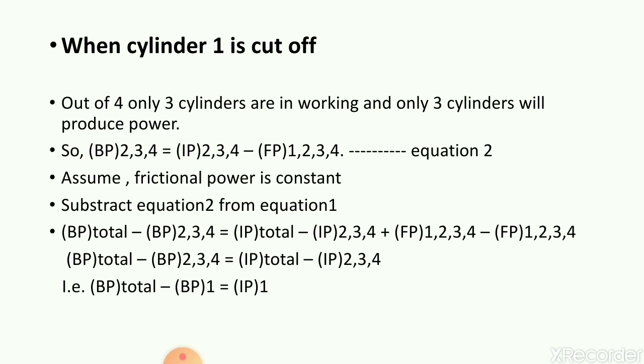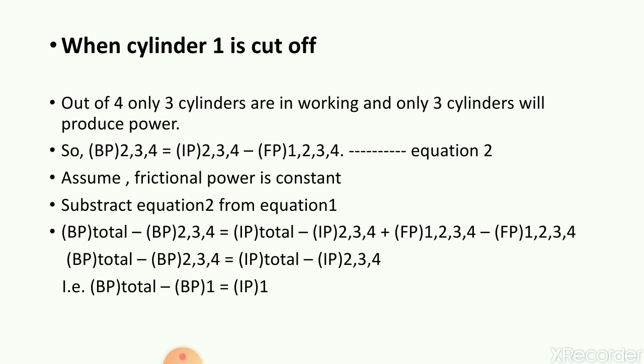So the total brake power minus the brake power of cylinders 2, 3 and 4, which is the power produced when cylinder 1 is cut off, equals the total indicated power minus the indicated power produced by those 3 cylinders, plus the frictional power of 4 cylinders minus the frictional power of 4 cylinders. Because we assumed that frictional power is constant, that term gets cancelled.